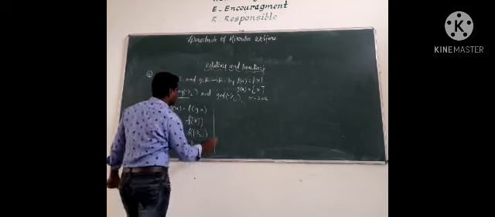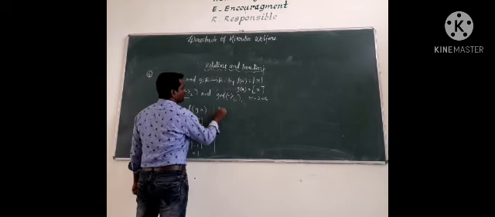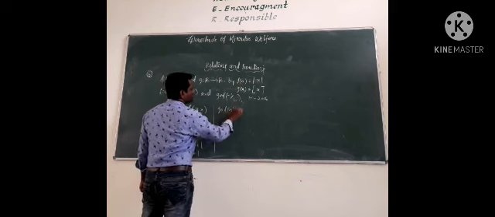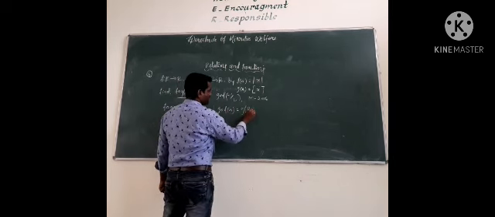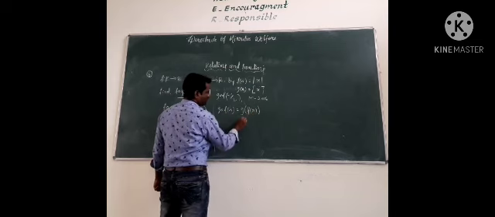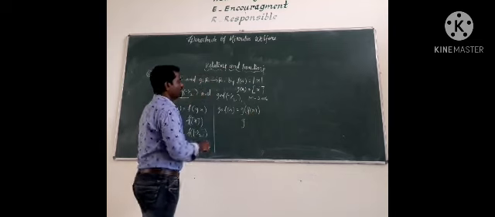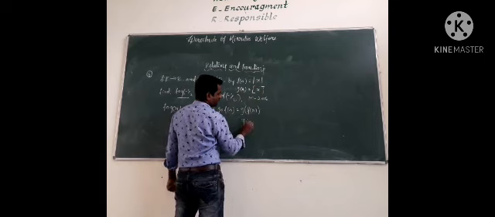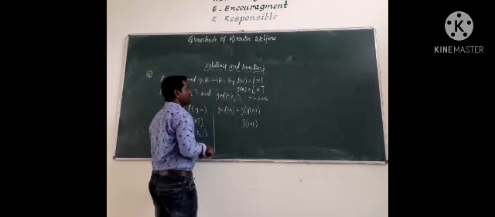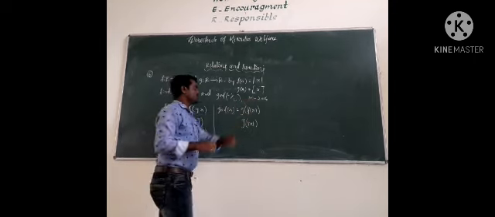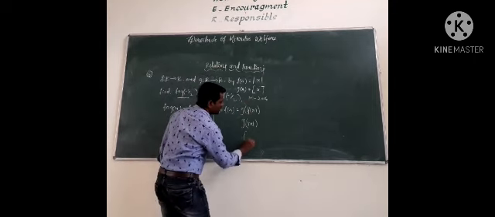Okay. Next, g o f of x, g o f of x equal to g of f of x. G of f of x means modulus x. Okay, now g of x is given a greatest integer function.